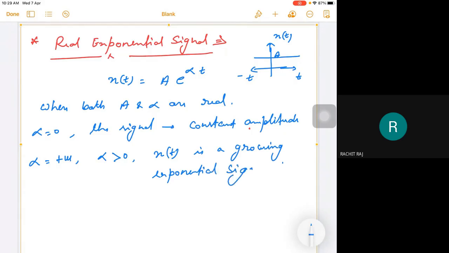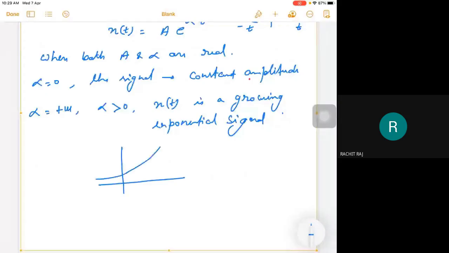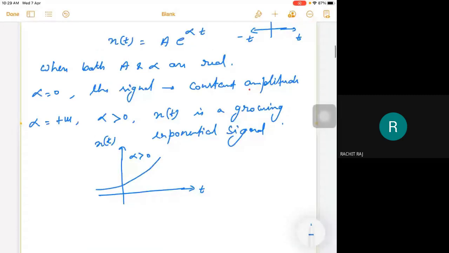If you draw this, you will get it in this manner. This is the x(t) when alpha is greater than 0, and the value of x(t) is your A e to the power alpha t. Obviously at this point, t equal to 0, the magnitude is A.